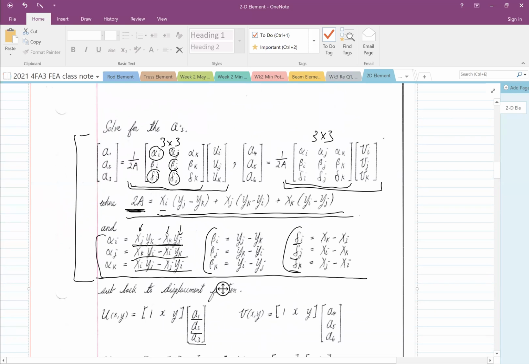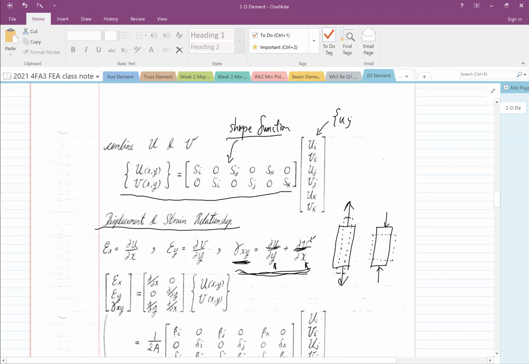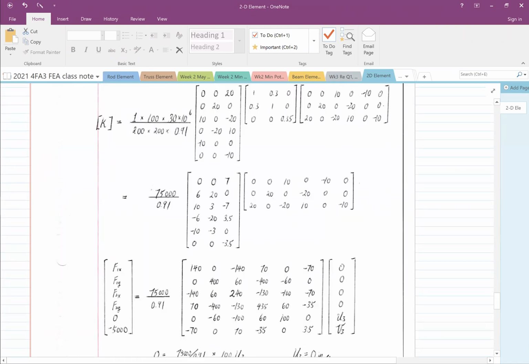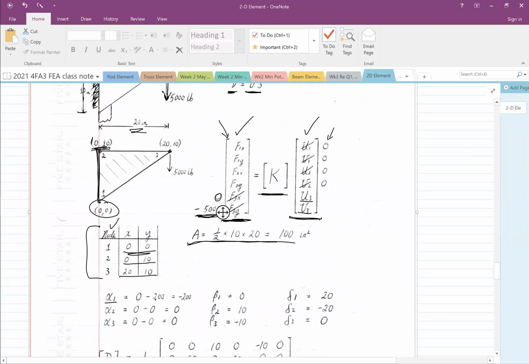So alpha 1 equals X2 times Y3 minus X3 times Y2.